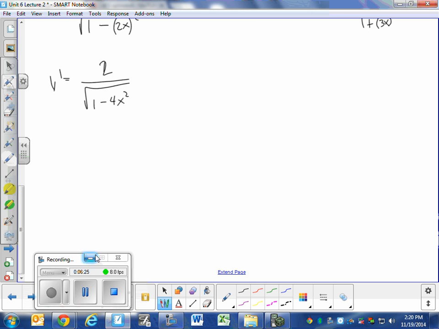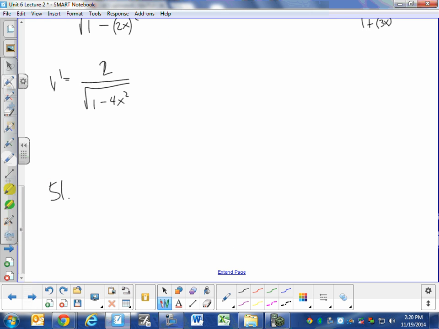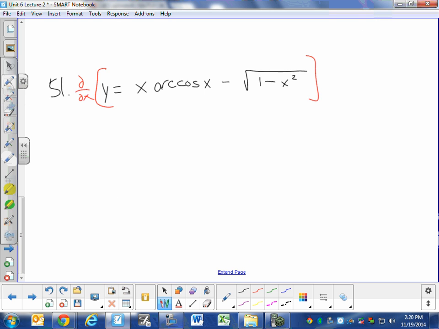So on your homework, here's number 51, the derivative of y equals x arc cos, so cos inverse x, minus root 1 minus x squared. Let's take the derivative of this. I get y prime equals, it's a product right here, so I need to use the product rule.